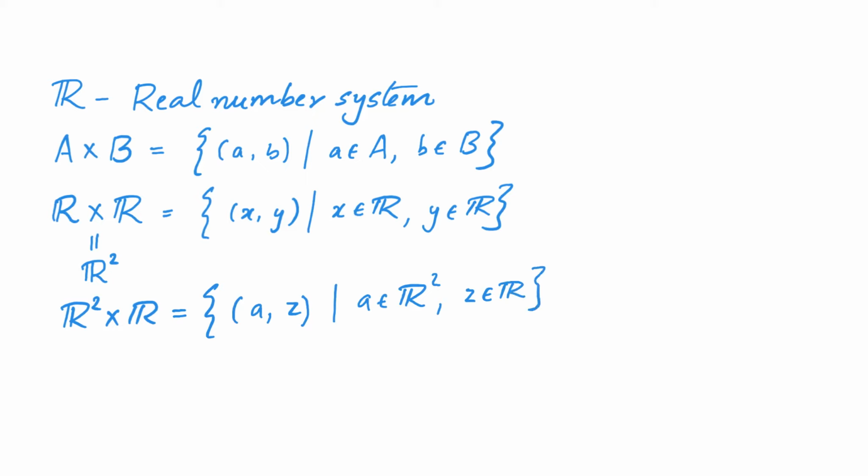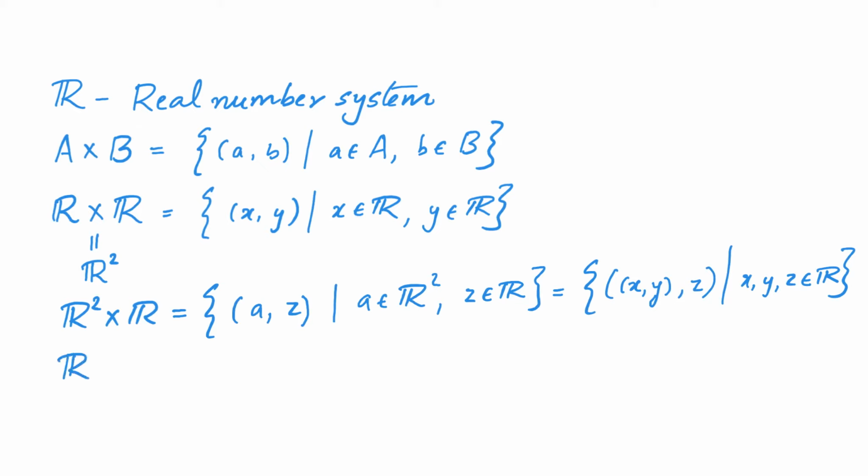Now we know that a point A in R2 can be represented using two numbers x and y, so we can rewrite this as follows. Now x, y, z are real numbers, so we can rewrite in this manner.